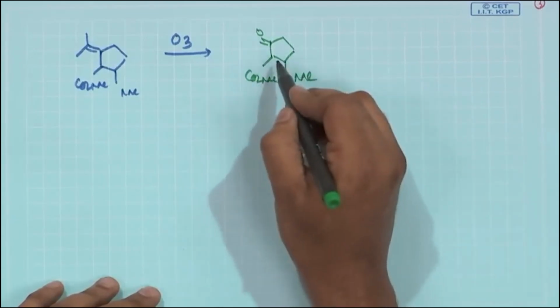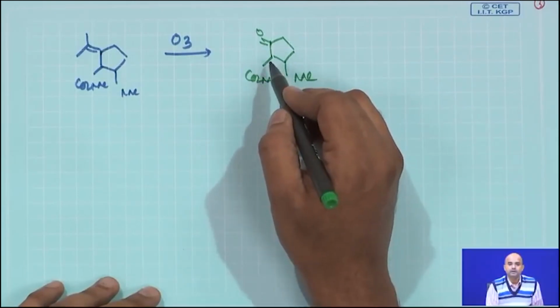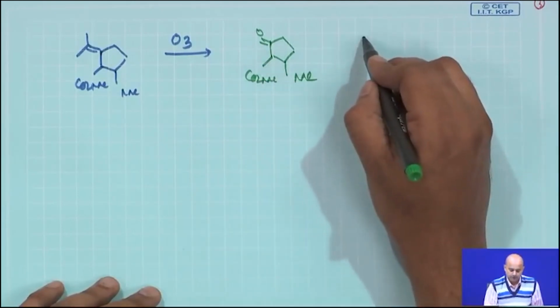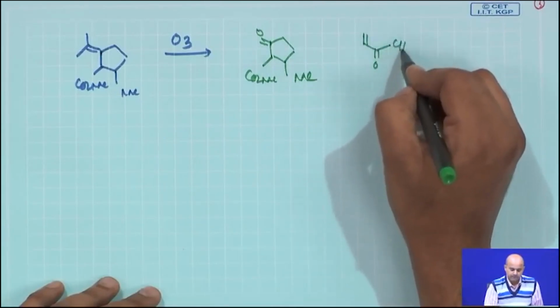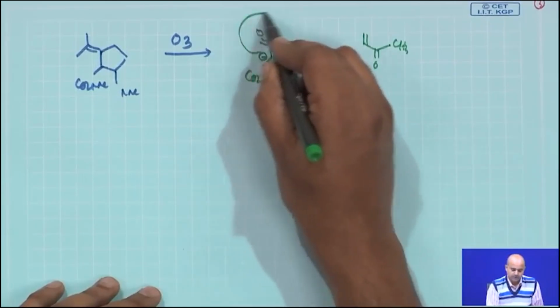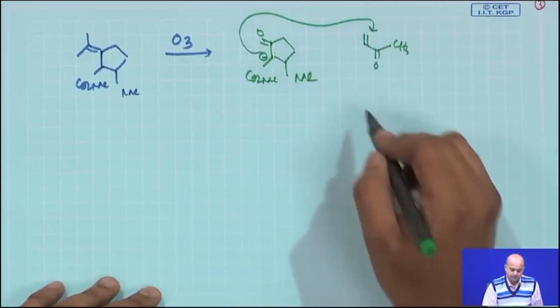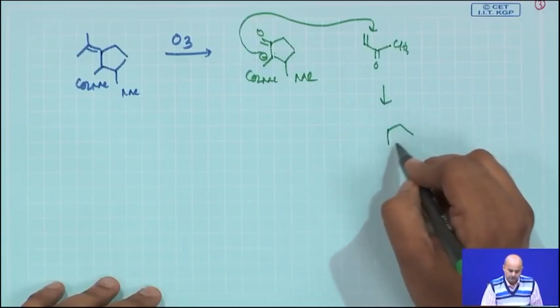Now, beta keto esters are very good substrates for Michael addition. So, now you are having methyl vinyl ketone. This carbanion can be easily generated and reacts here. So, now what will we get?